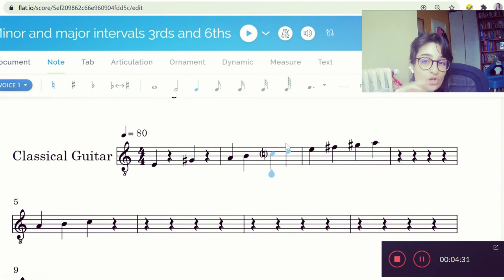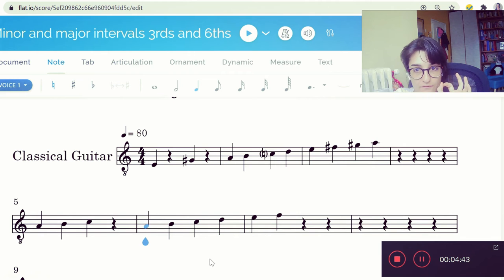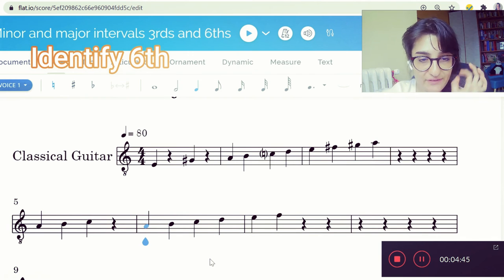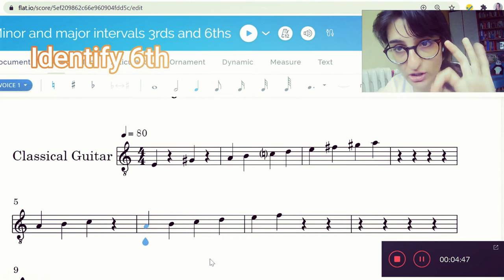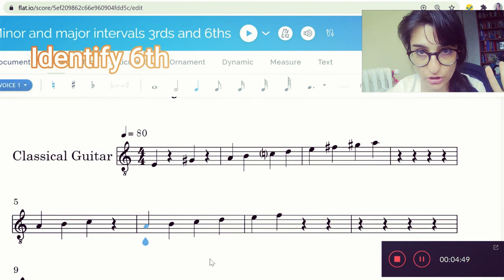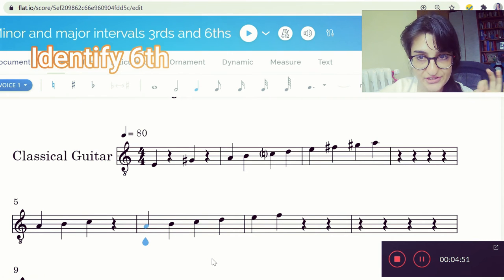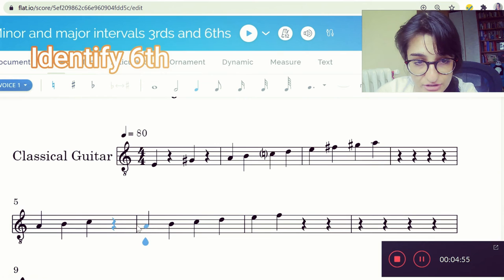Now, we've only been talking about thirds, okay? With sixths, it goes in the same way, with a few exceptions that I'm going to explain. First of all, let's start with identification, recognition of an interval, okay? The sixth has 6 steps, starting on the first note of the interval.